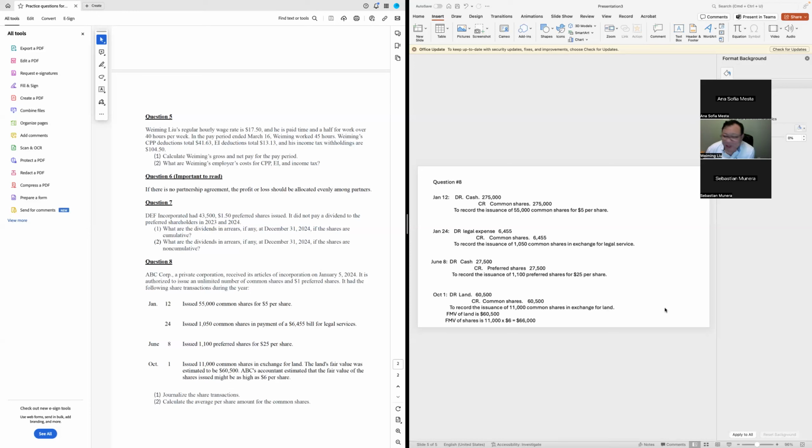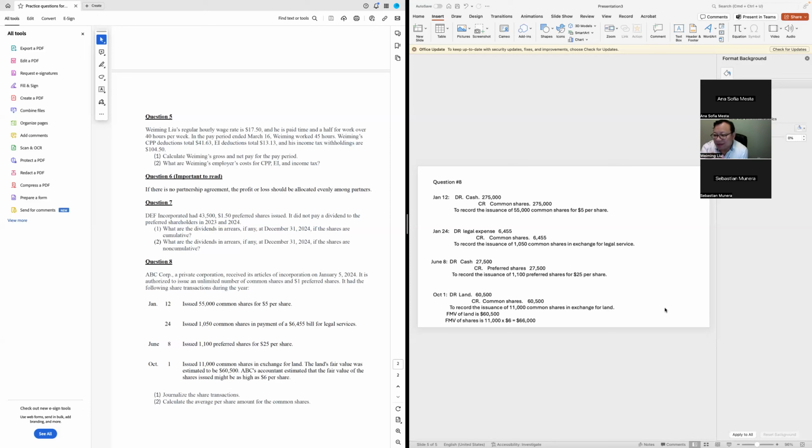So they may have a bias, right? And they said might, right? First, they say might be as high as. So $6 is kind of the upper limit, right? If you really read the sentence, the fair value of the shares issued might be as high as $6 per share. So the $6 is the upper limit, right? It's not the average.